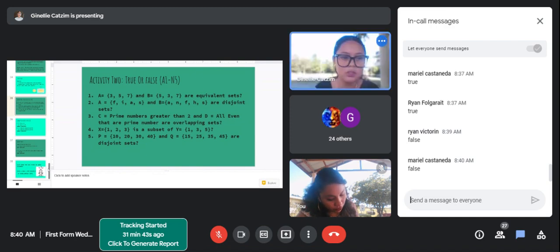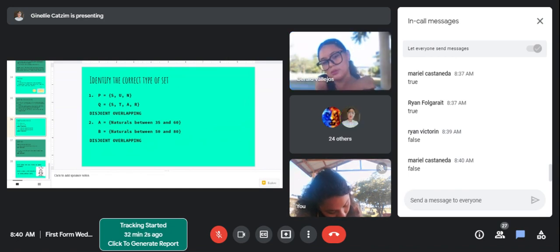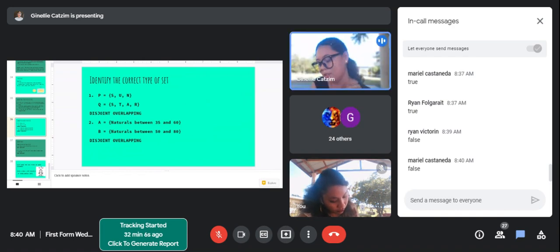Okay, very good. So now let's see what we have here. In P we have S, U, N, and in Q we have S, T, E, R. Is this joint, disjoint, or overlapping? Remember, are you sure? See the elements clearly. Give it another try.